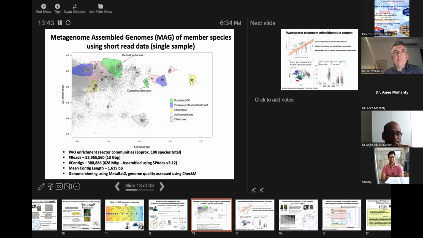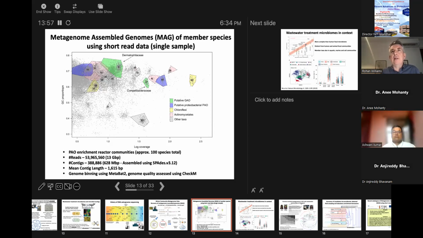And this is a very useful measure to try and separate pieces of DNA fragment that are coming from the same genome. The details of this I don't have time to go into, but we can form these working models of genomes, right?